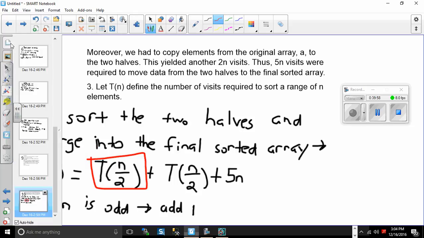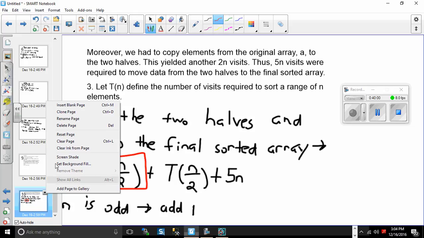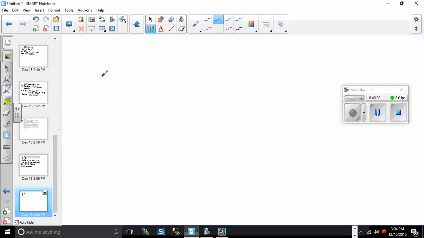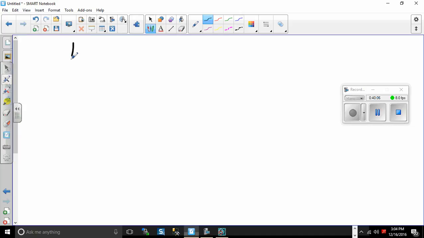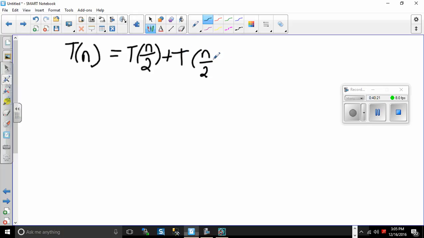So let's calculate T(n/2). All right. So we have T(n), I'll rewrite T(n) again, is equal to T(n/2) plus T(n/2) plus 5n.